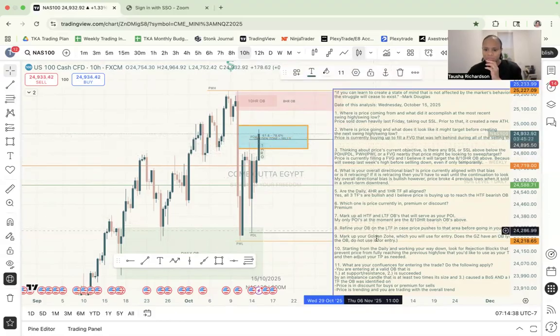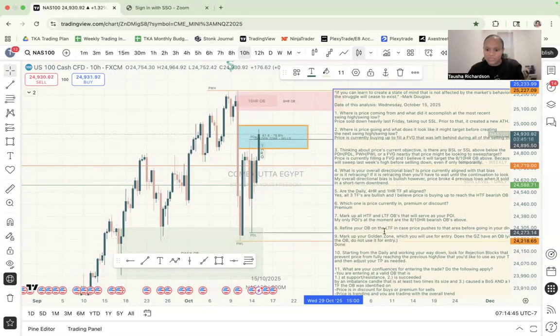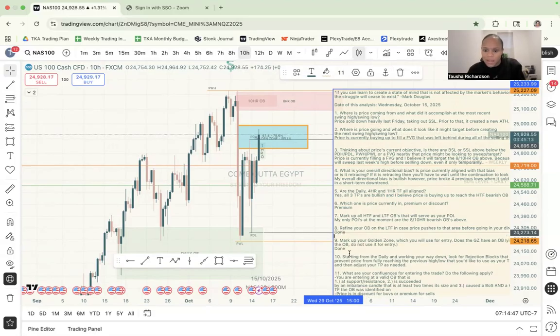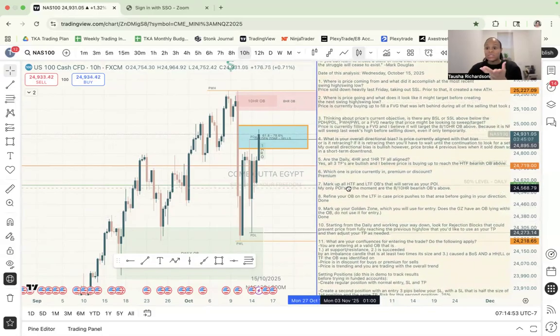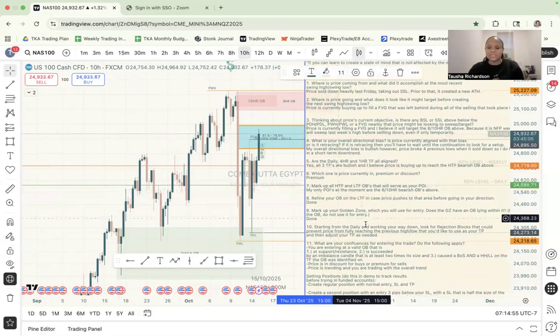So I will just mark this as done, along with the previous step because we did that. And then starting from the daily, okay. So at this point, I would be looking for rejection blocks because sometimes that's a good place to set your take profit.